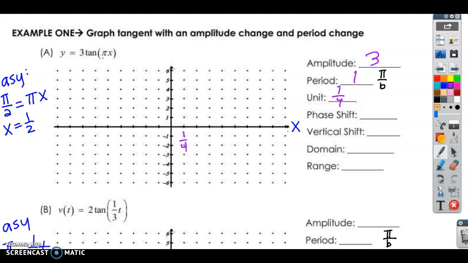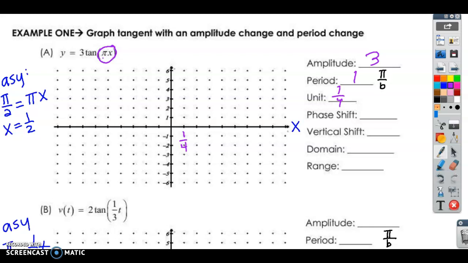So now, to find the asymptotes, we know that the function is not defined at pi over 2. So we are going to set this inside part of our function equal to pi over 2 and say, okay, we know that that has to be an asymptote. So if I set pi over 2 equal to pi x, which is the inside of our parentheses here, I get x is 1/2.